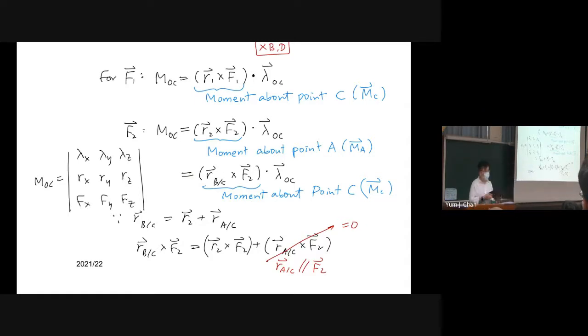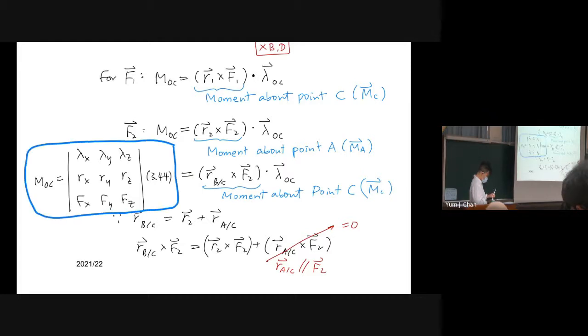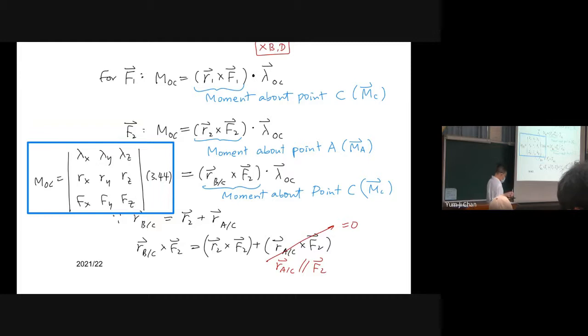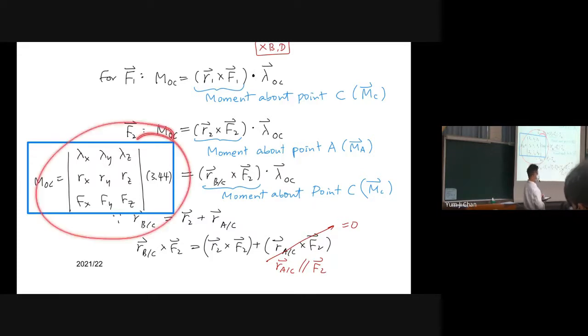And this one is, of course, a determinant, and it is equation 3.44 in your textbook. So after you get the idea, if you are working on the homework, this should be useful to you. Equation 3.44.